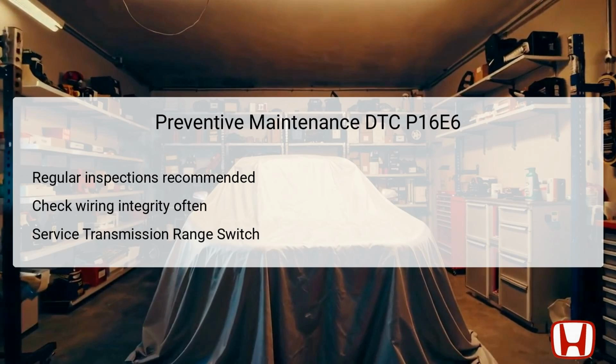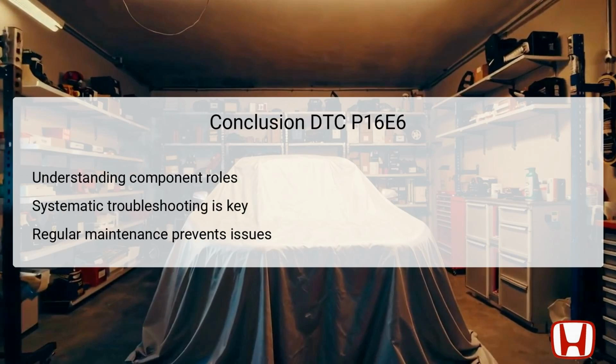In conclusion, addressing DTC P16E6 requires an understanding of the roles played by the transmission range switch and the PCM within the Honda Accord. Systematic troubleshooting is critical for identifying the root causes of the DTC, emphasizing the importance of thorough inspections and correct diagnostic procedures.